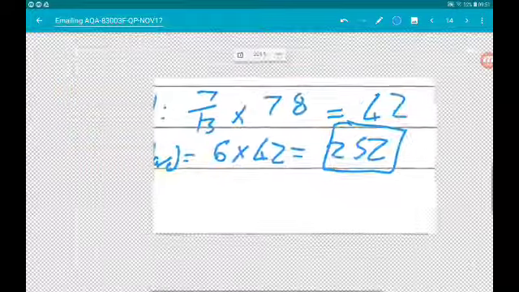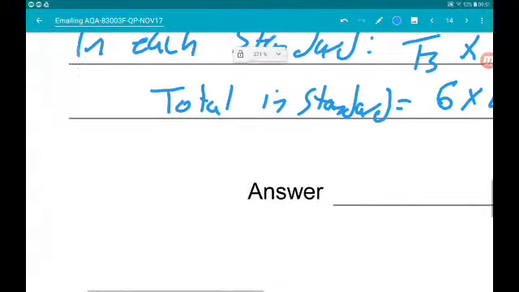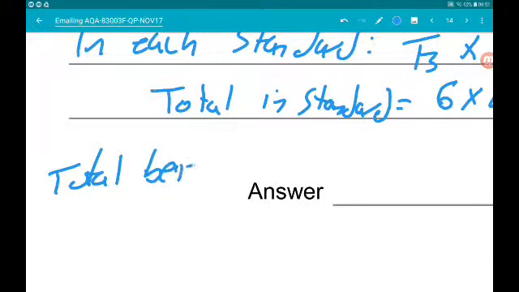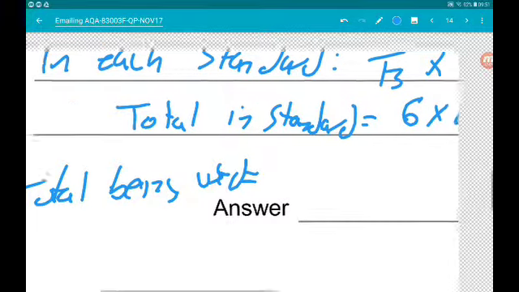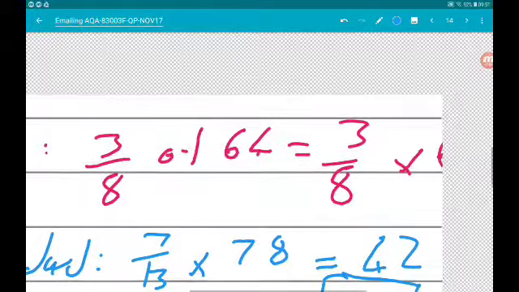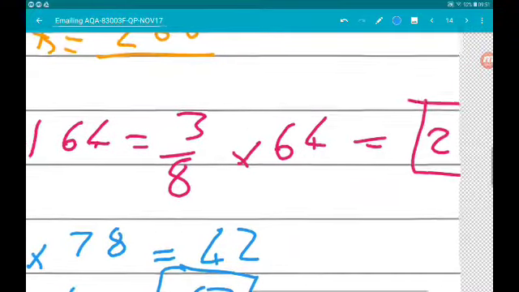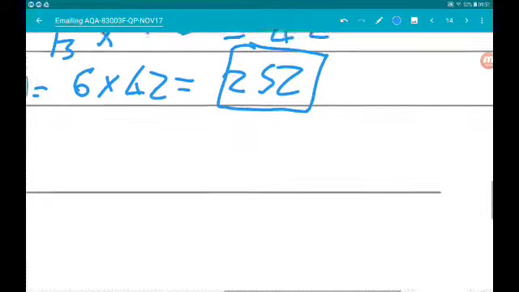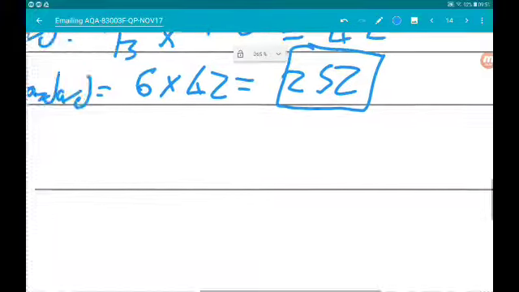So, total seats being used is the 24 add 252.